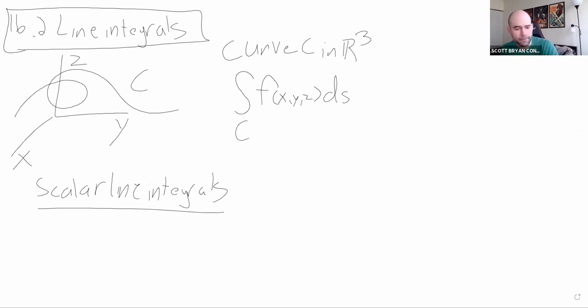So we have a function defined in R3, and we have some curve. We can think of the function, for instance, as giving density. Suppose this is a wire that we've twisted and whatever, and it lies in space. And we can look at the mass density along that wire.